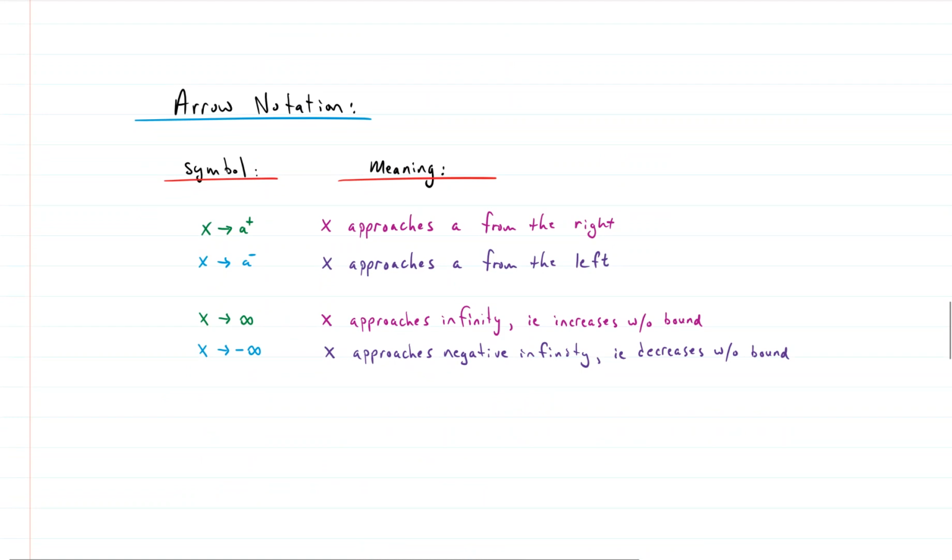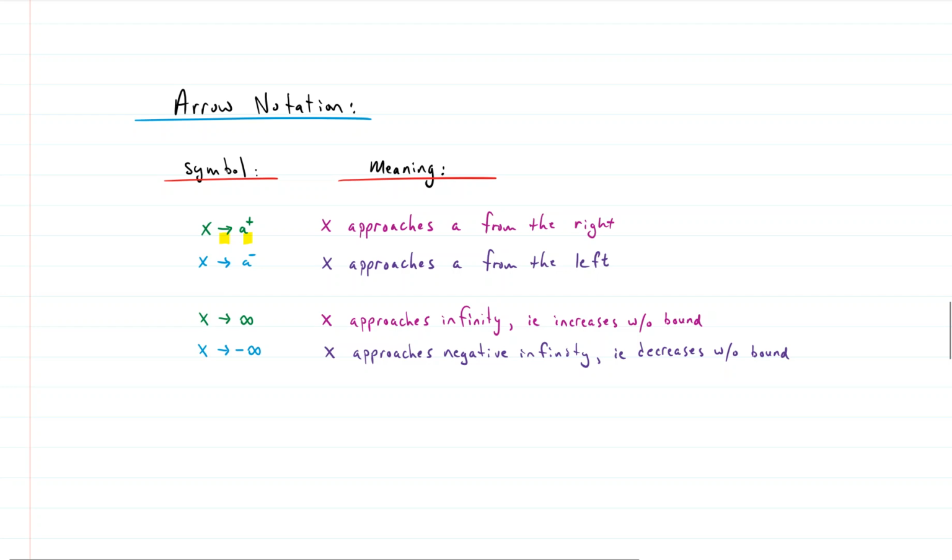Let's talk about arrow notation. So this comes up a lot in asymptotes and in their definitions. If you ever see x and then a right arrow and then something like an A with a plus sign in the power, so A raised to the plus sign, that x right arrow A⁺ means x approaches A. A is some value on the x-axis, like 5.